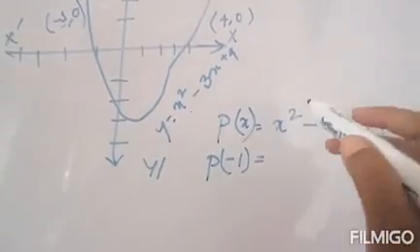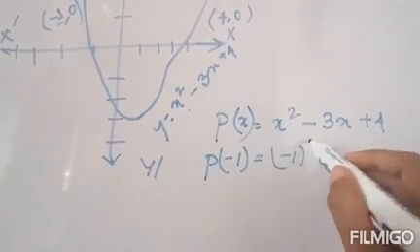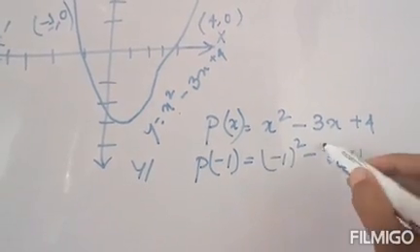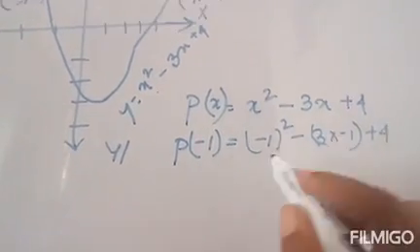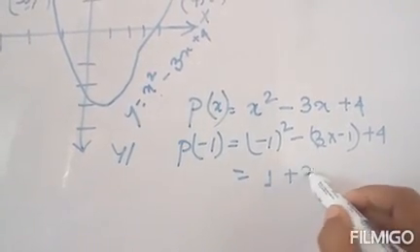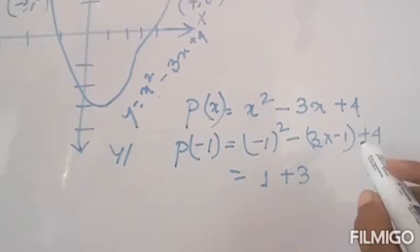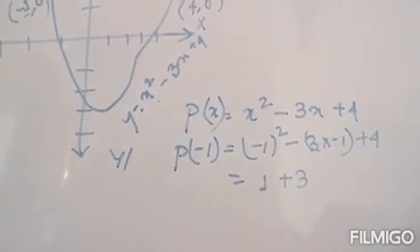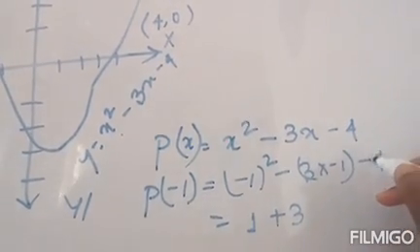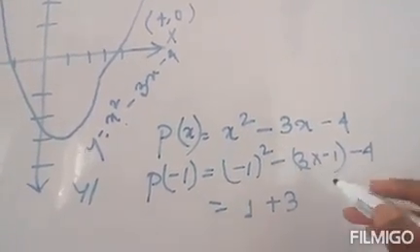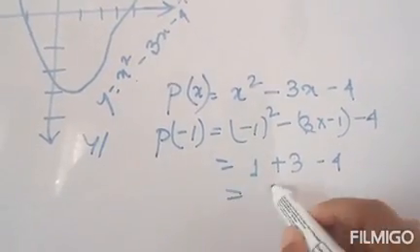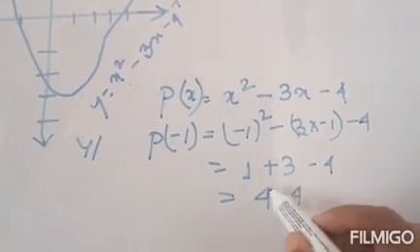Substituting minus 1 in place of x, it will be 1 square minus 3 into minus 1 plus 4, so this will be 1 plus 3 plus 4, which means 4 minus 4, that is 0.